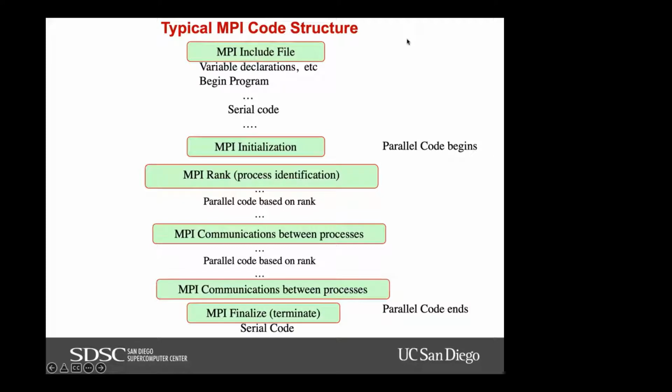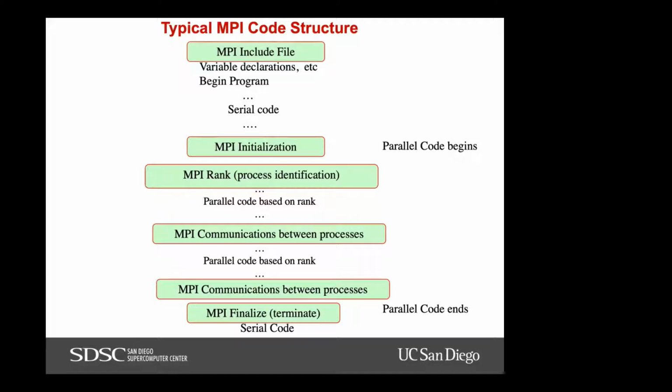So any basic MPI code will have a structure like this. You'll have an include file which has a lot of the variable definitions and things that are MPI specific, and then you may have a little bit of code that is the serial part, but it's usually not much. And then there is an MPI init or initialization call.